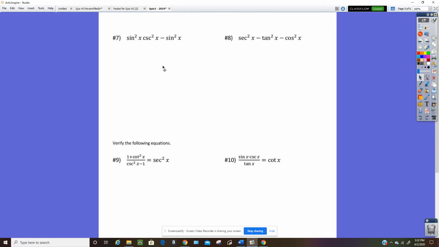Number 7, I want to convert cosecant squared into 1 over sine squared.